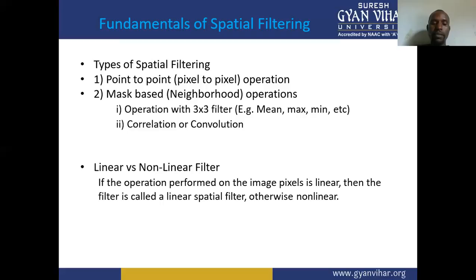Then the other fundamental aspect of spatial filtering is the linear and nonlinear filter. This operation is necessary whenever we are using image pixels that are not linear, sometimes referred to as nonlinear.